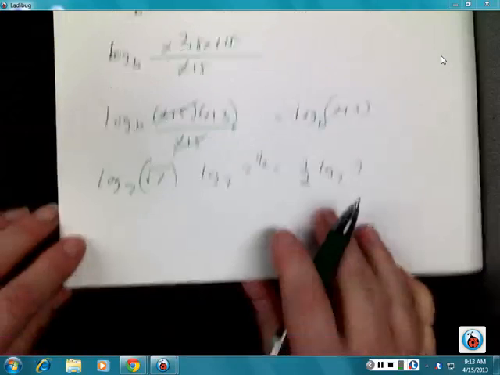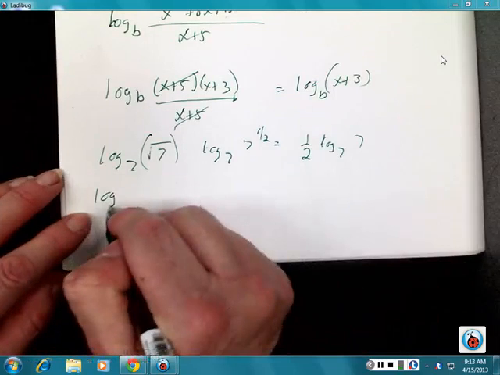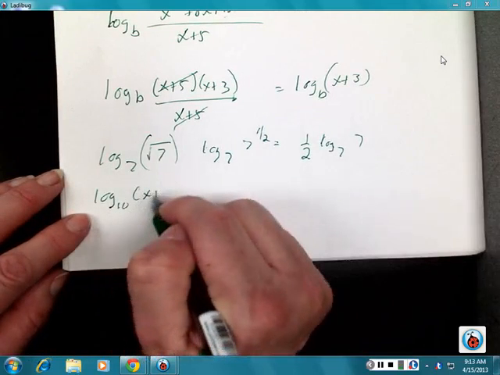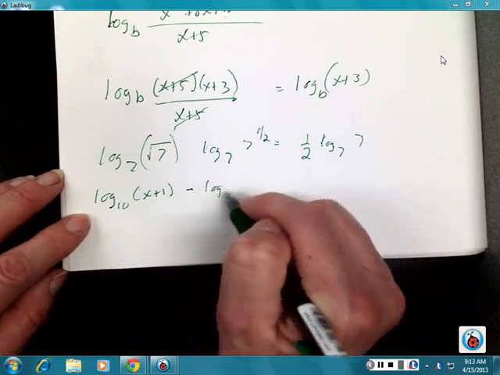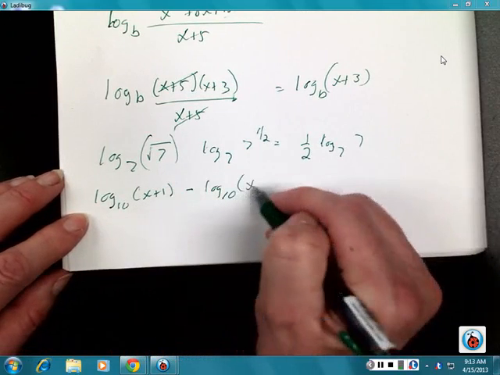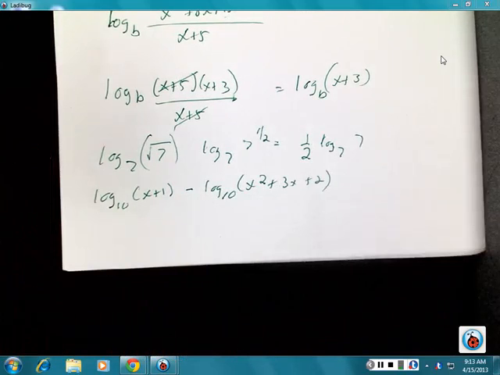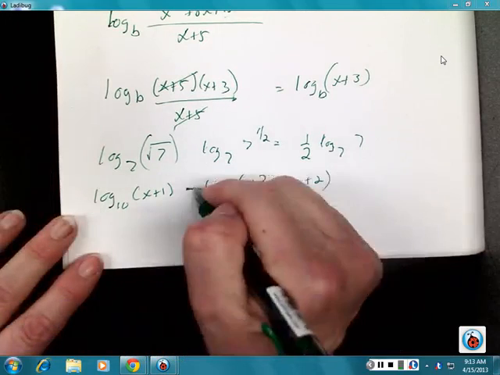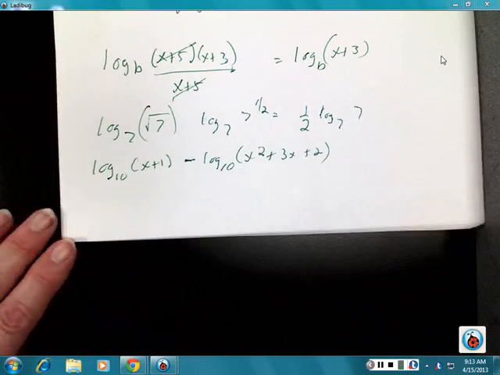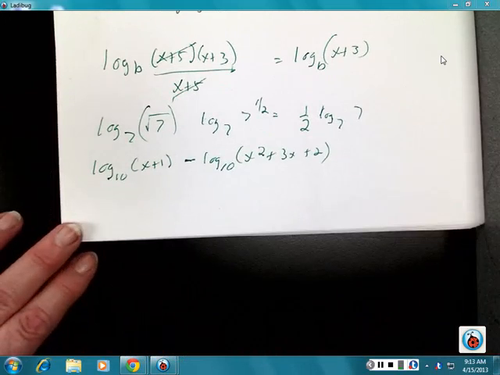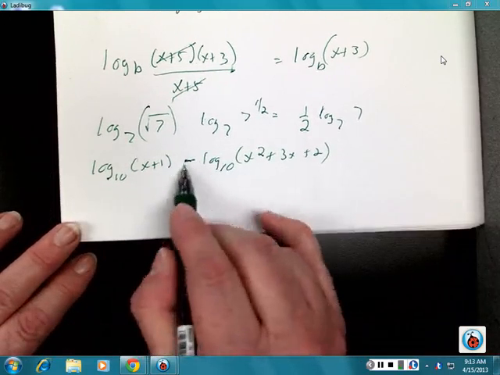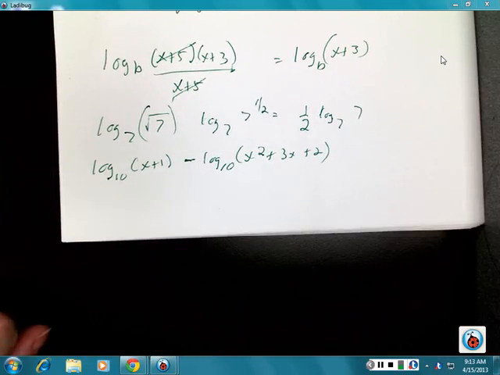One more. Log 10 x plus 1 minus log 10 x squared plus 3x plus 2. So what's that one going to come out to be? So it's a subtraction. So it's really a what? It's really a division.